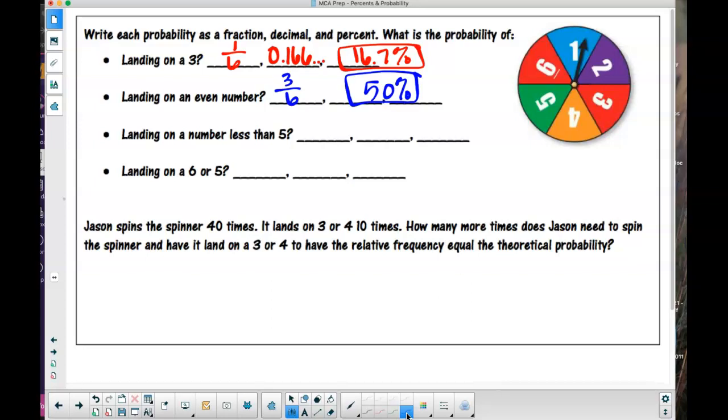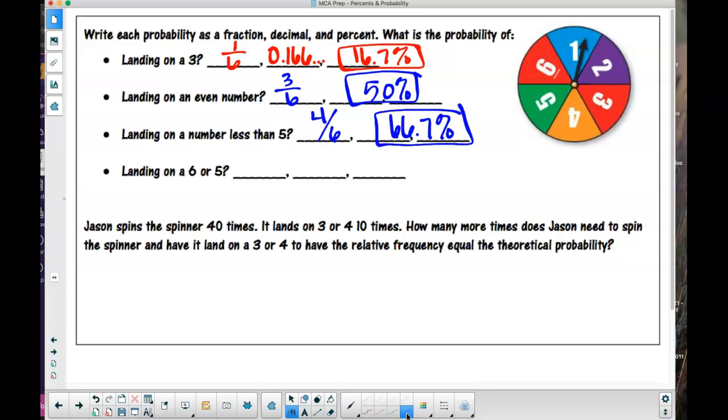Okay, the probability of landing on a number less than 5. How many of the numbers are less than 5? Brindley? 4 out of the 6. What percent is that? So we do 4 divided by 6. And then move your decimal back to, Tyler, go ahead. 66.7%.